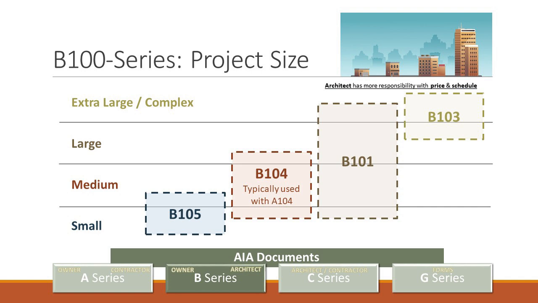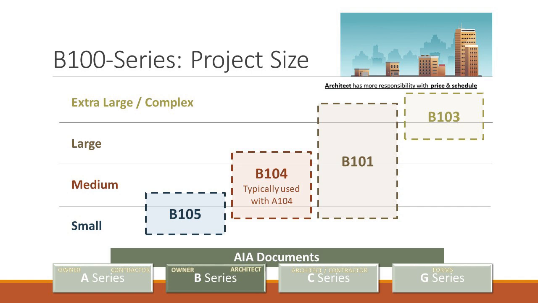The primary difference between the 101 and the 103 is that the architect has more responsibility on price and schedule analysis. So they're going to say at the end of each phase in the B101, if you remember, there was a cost estimate.